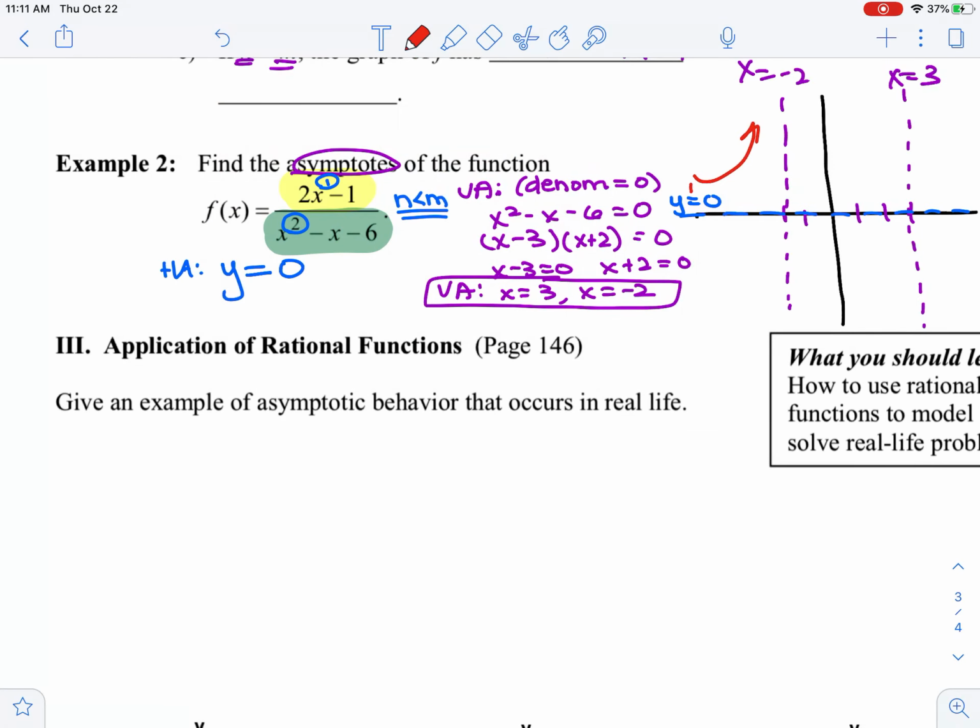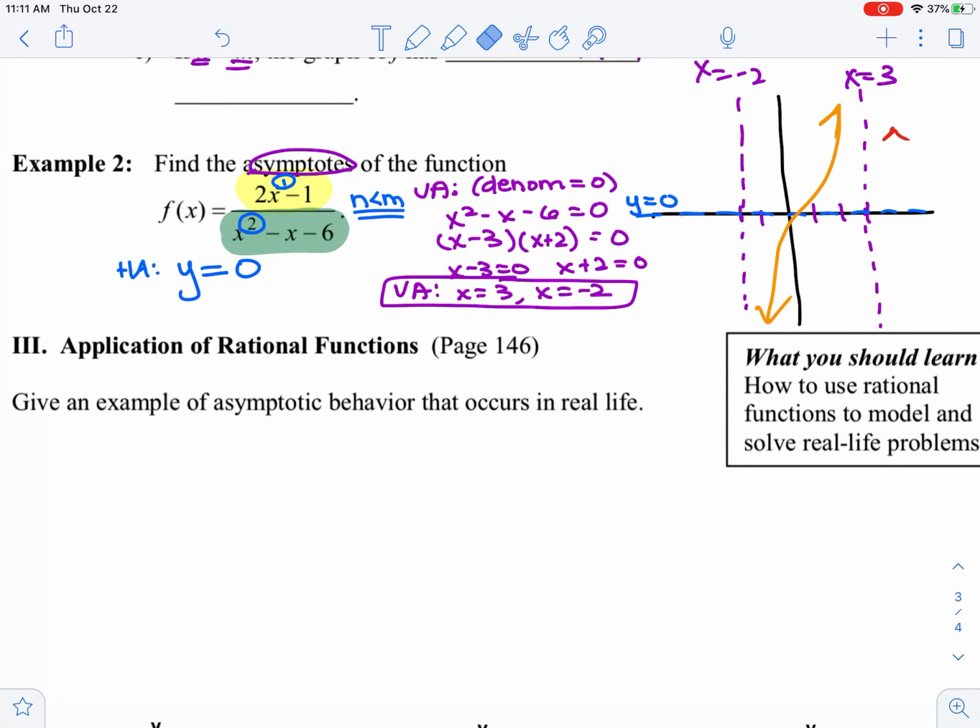It could look something like this. We're not sure what it looks like, but we do know it will not cross those asymptotes. The values of the function cannot cross these asymptotes. That's like a boundary for them.